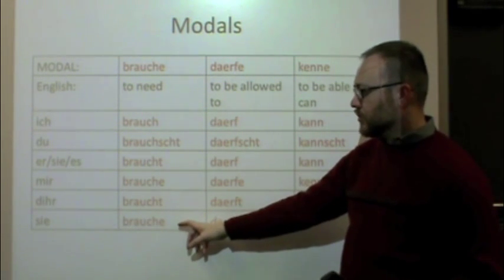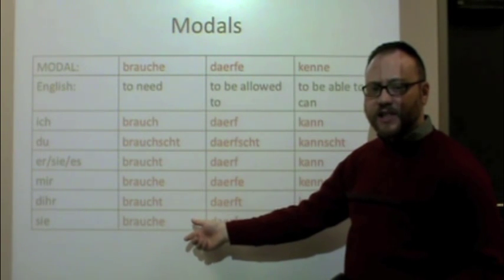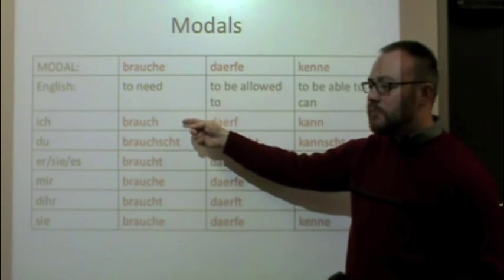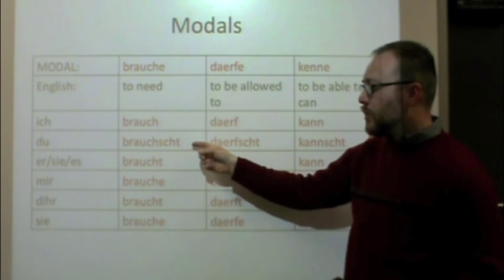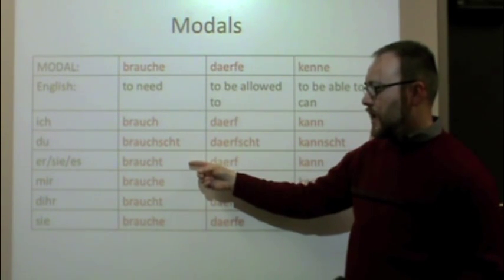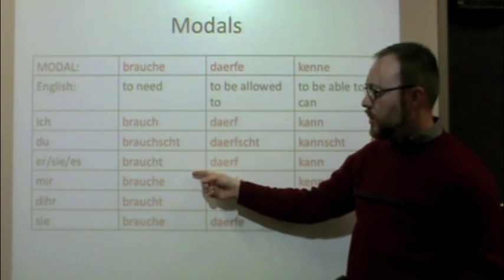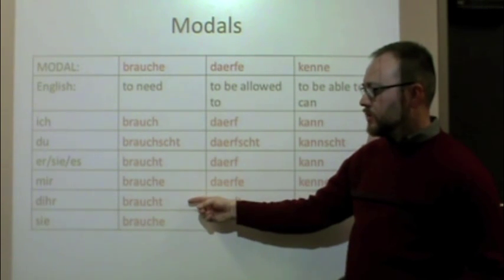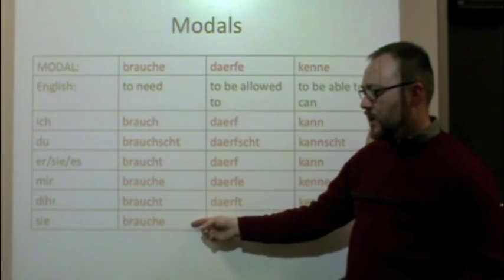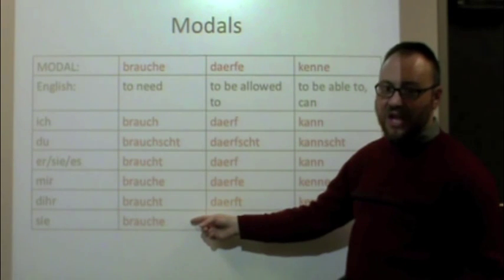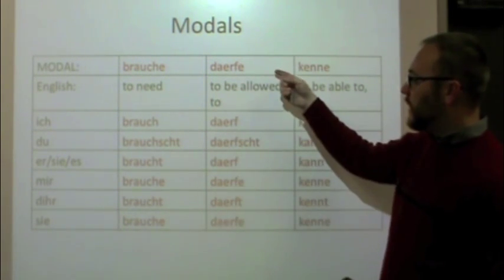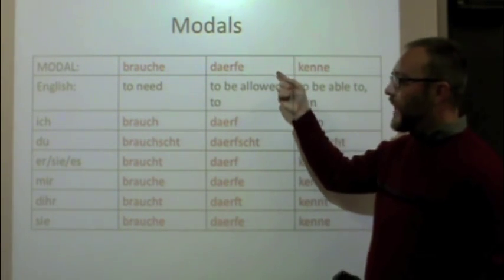It follows the rules, but it still falls into the category of a modal. So, ich brauch, du brauchst, er, sie und es braucht, mir brauche, dir braucht, sie brauche. That's an easy one.